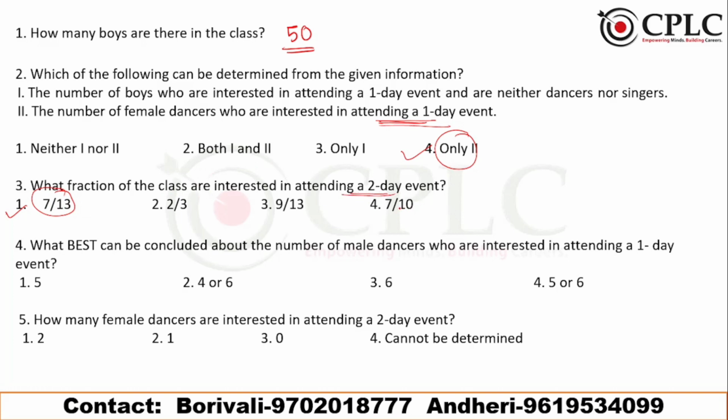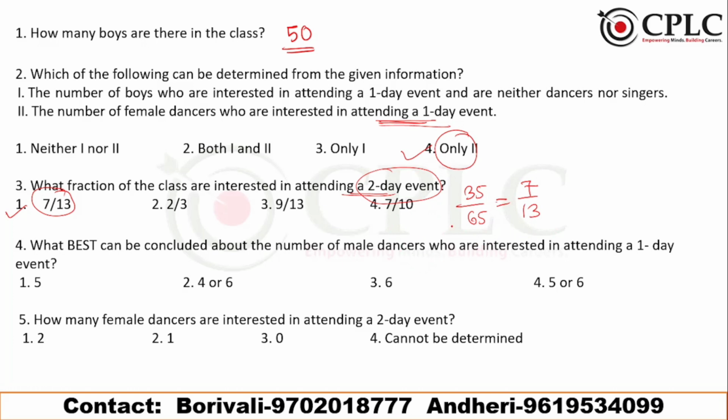So that is 7 upon 13 basically. If you remember, 50 were boys and 15 were girls, so total is 65, and people who are attending a 2-day event, that is 35. 35 upon 65, if you divide by 5, gives us an answer of 7 by 13. Third question, answer option first.